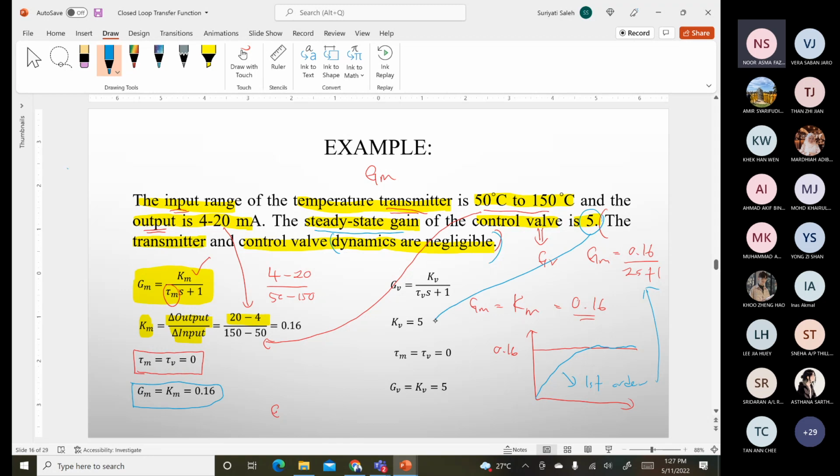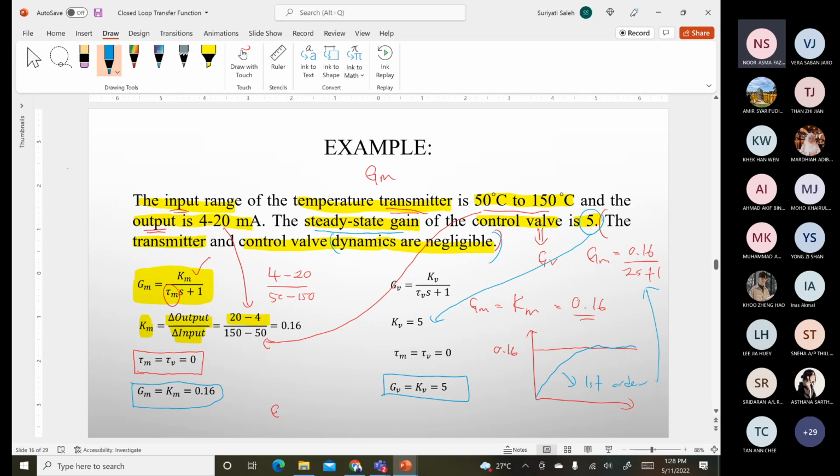Then that's why KV equals 5. Since the control valve dynamics are negligible, of course, you have tau V equal to 0. This contributes to GV equals KV equals 5. So this is how you extract the information for the valve transfer function or the transmitter transfer function.